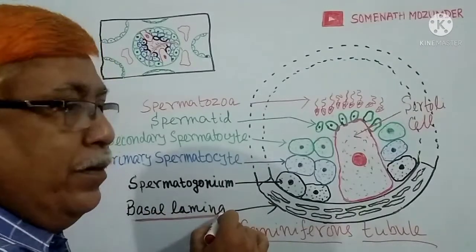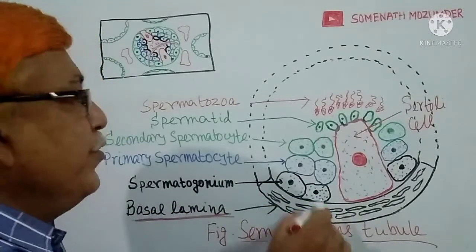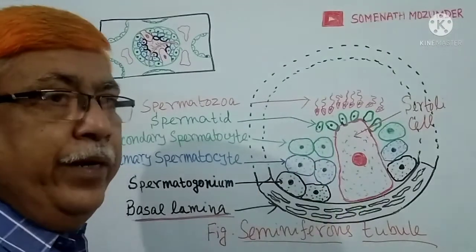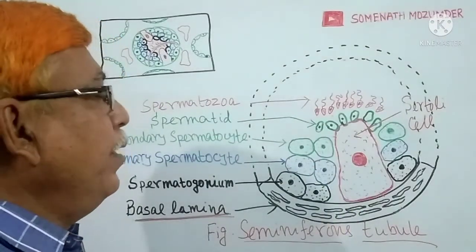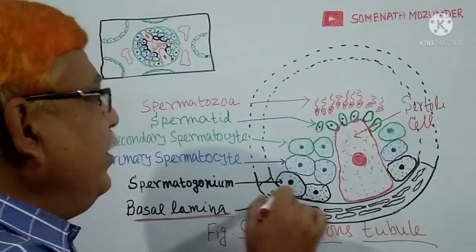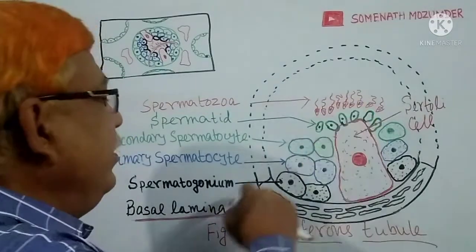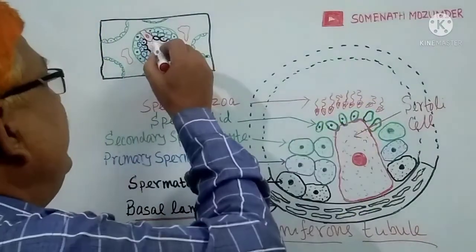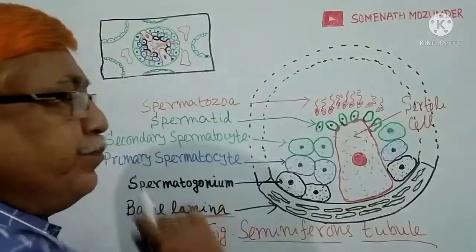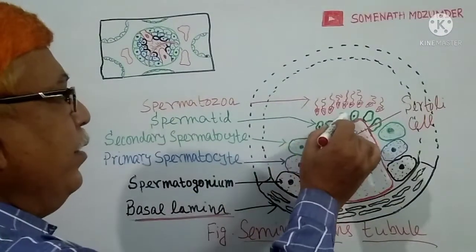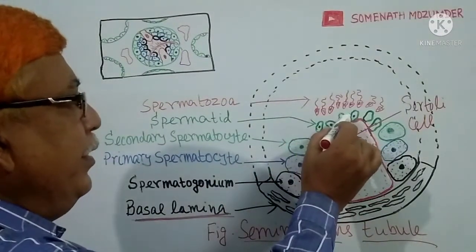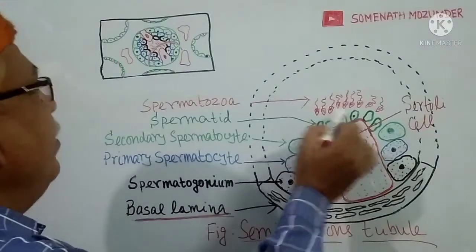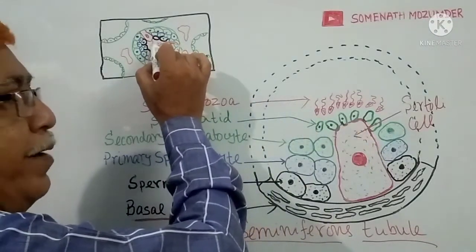Basal lamina provides structural integrity to the seminiferous tubule, and there is a central lumen in each seminiferous tubule.